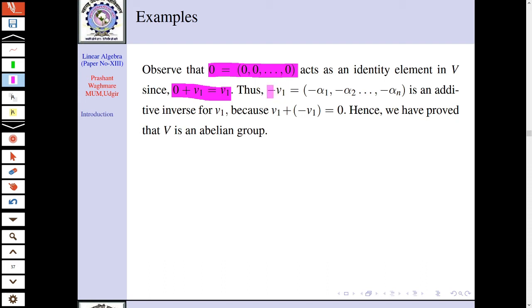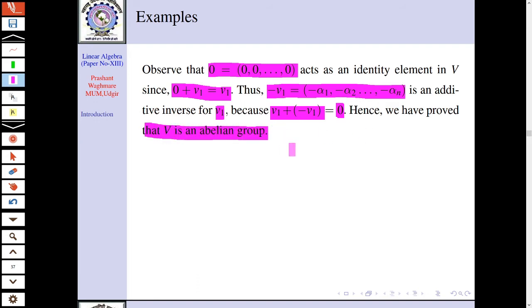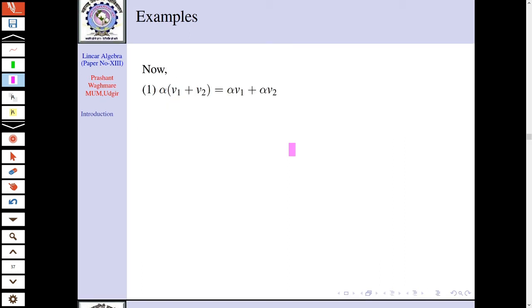So minus V1 is represented coordinate-wise as (minus alpha 1, minus alpha 2, and so on, minus alpha n), which is an additive inverse for V1, where V1 is (alpha 1, alpha 2, ..., alpha n). The inverse of V1 is minus V1, because if we add these two, we get 0. That's why minus V1 is an inverse for V1. Hence we have proved that V is an abelian group with respect to the addition operation.